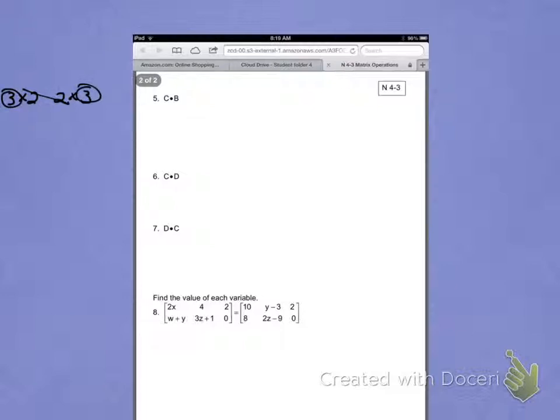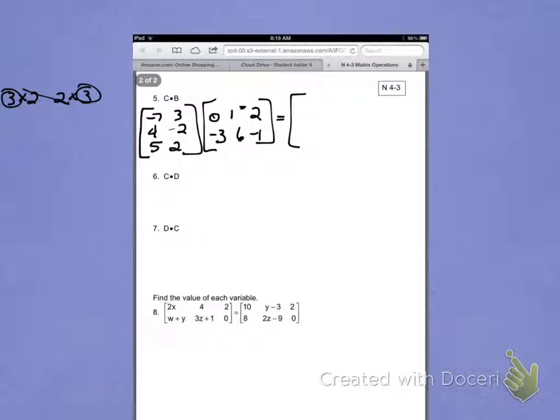So we have C, which is negative 7, 3, 4, negative 2, 5, 2, times B, which is 0, 1, negative 2, and negative 3, 6, negative 1.